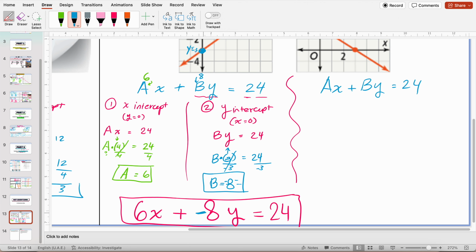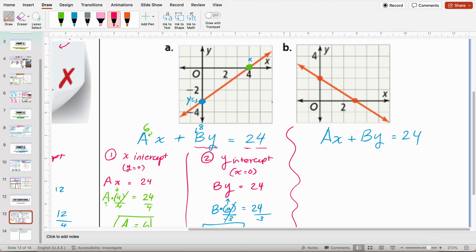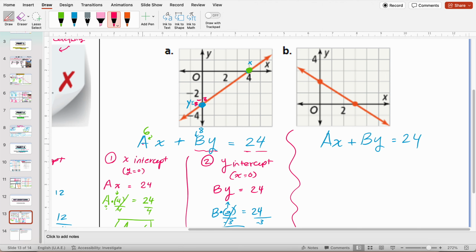The y-intercept is -3, as you can see. Anyways, to find a, substitute x with the x-intercept, which is 4. To find b, substitute the y with the y-intercept, which is -3, and solve. You will find it.